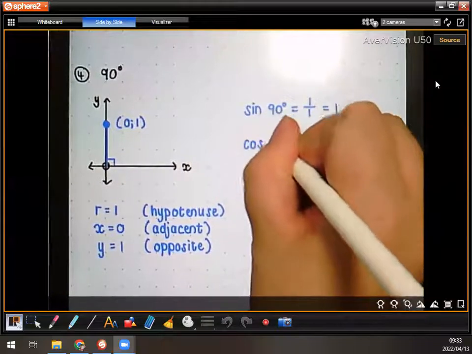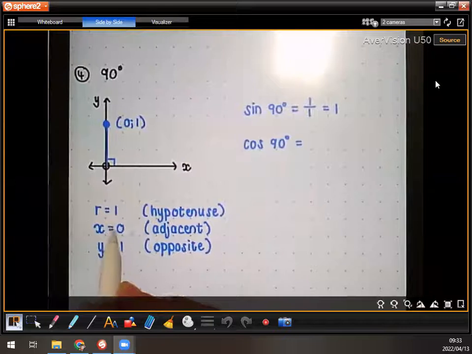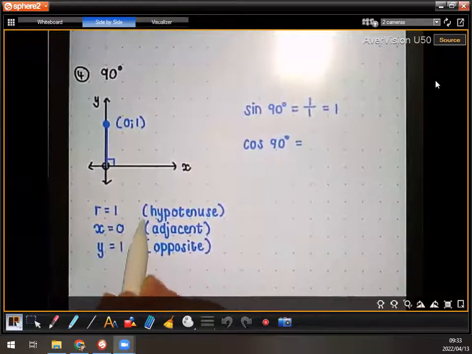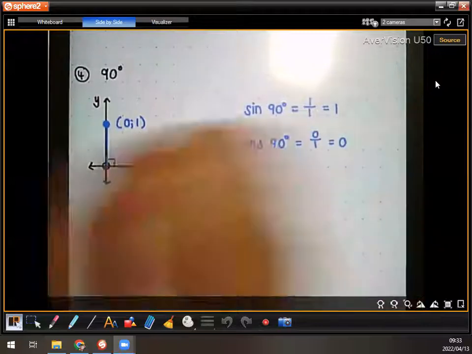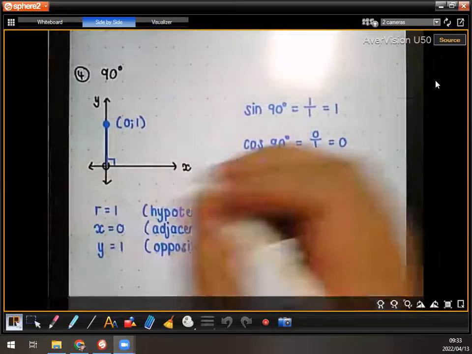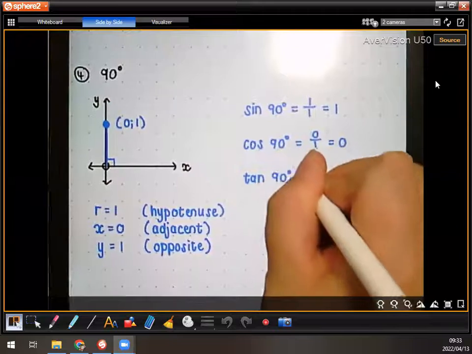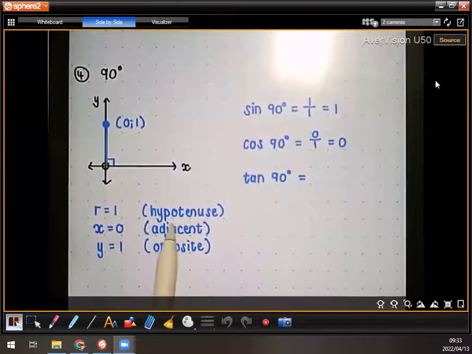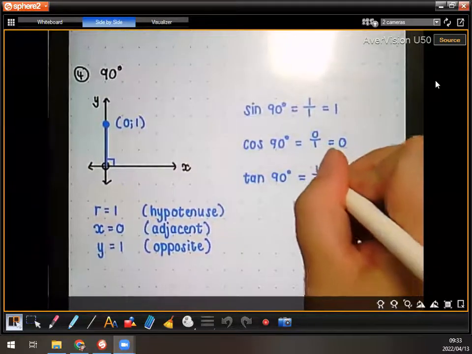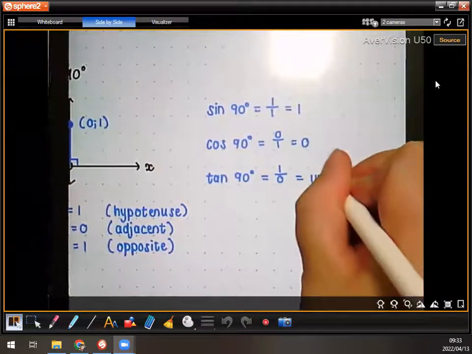Cos 90: adjacent over hypotenuse, 0 over 1, so 0. Tan 90: tan is opposite over adjacent, 1 over 0. So tan of 90 is undefined.